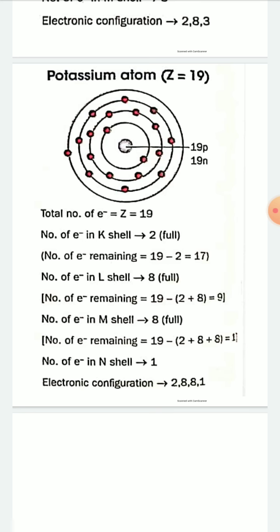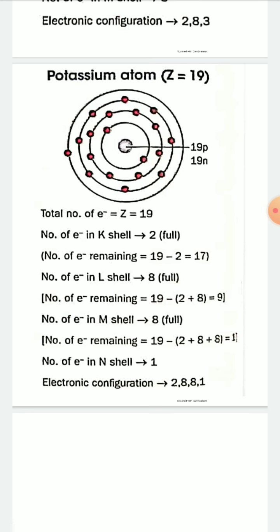According to the 2n square rule and the Bohr-Bury scheme, you have to arrange the electrons in different cells, and you know that the first cell can accommodate a maximum of 2 electrons. So first give 2 electrons in the K cell, and the second cell can accommodate a maximum of 8 electrons, so give 8 electrons in the second cell. Now in the first cell there are 2 electrons and in the second cell 8 electrons, so a total of 10 electrons are arranged.